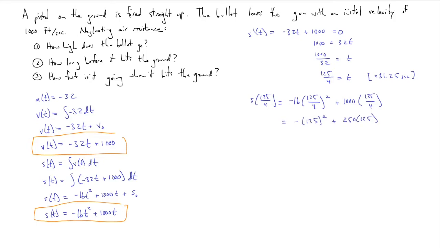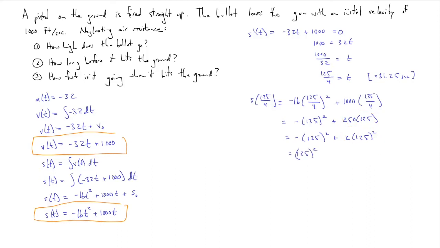I want to make the arithmetic as easy as possible on myself. The 4 in the denominator, when you square it, 4 squared is 16, and that will cancel with this 16. And 1,000 over 4 is 250, so it simplifies to this expression right here. And 250 is 2 times 125, so this expression turns into 2 times 125 squared.